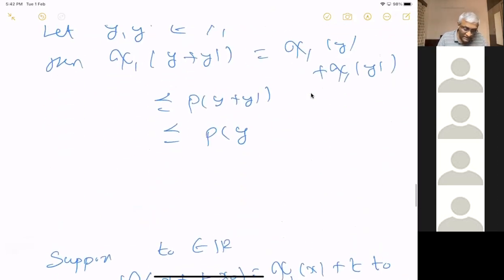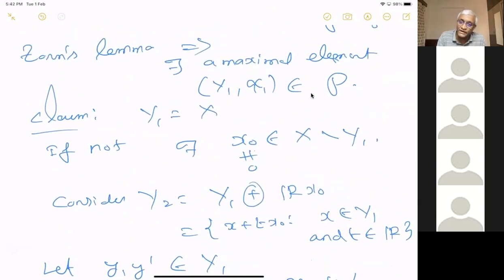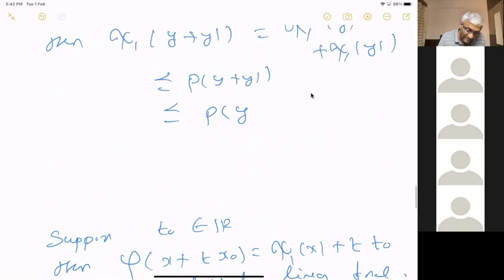If it is not, then we choose an element x naught which is not in y1. Then using some real number t naught, we want to define a linear functional by adding this one-dimensional subspace generated by this x naught to this y1, and we want to define a linear functional on that.